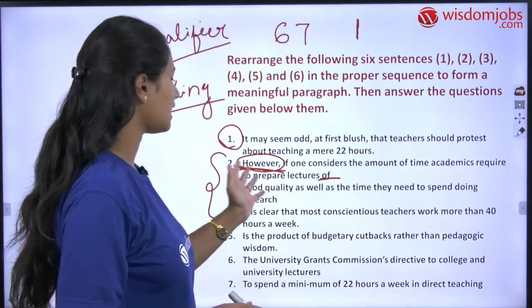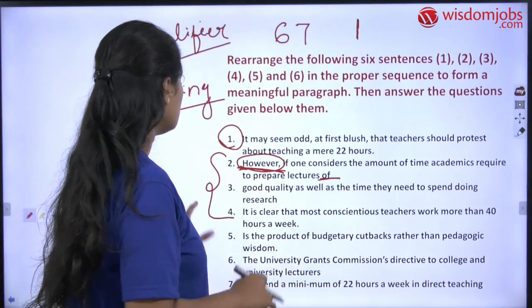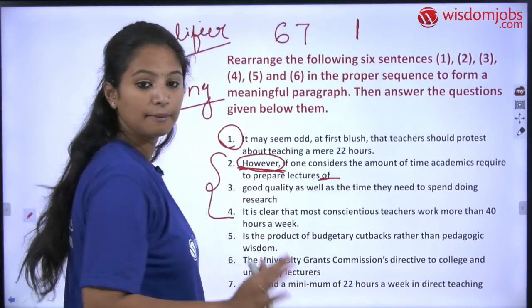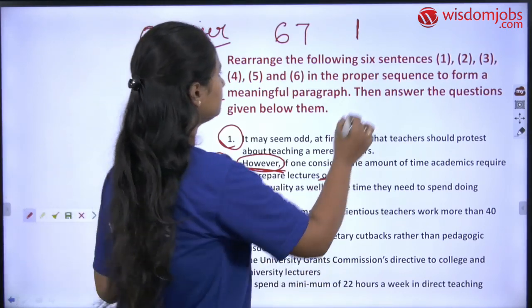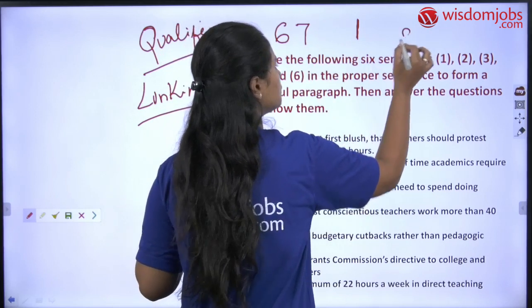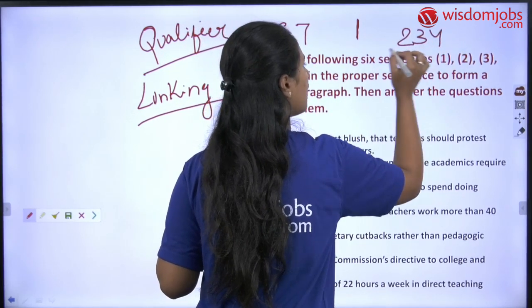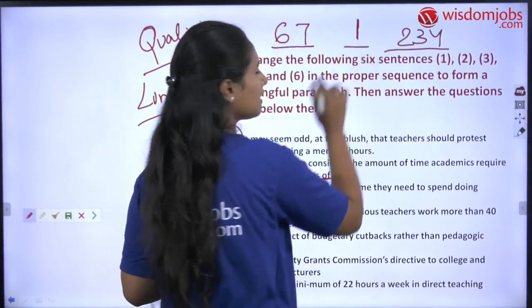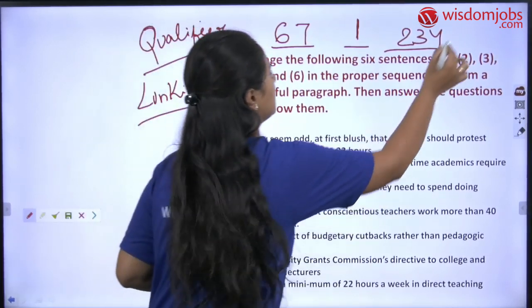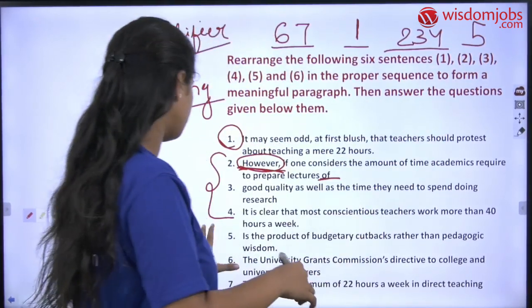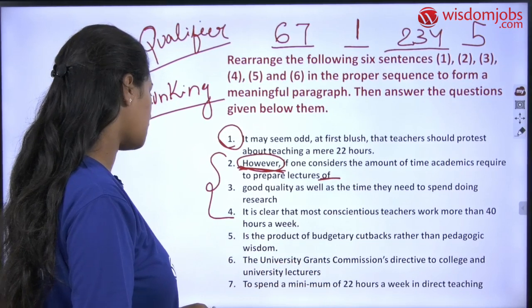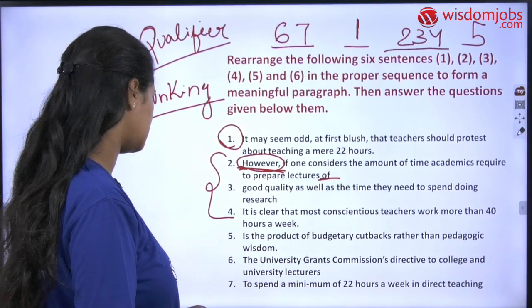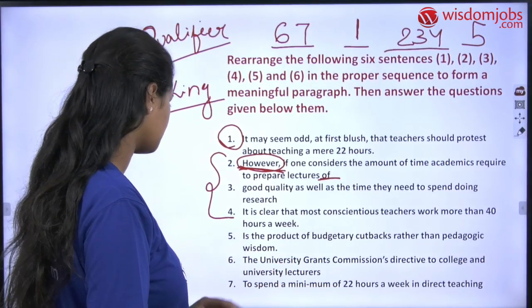So basically here however is a linking word. So 2, 3 and 4 come together. That means 2, 3 and 4 are together, 6, 7 is together, 1 is alone. Now 5 is again there. What is the fifth sentence? It is the product of budgetary cutbacks rather than pedagogic wisdom.